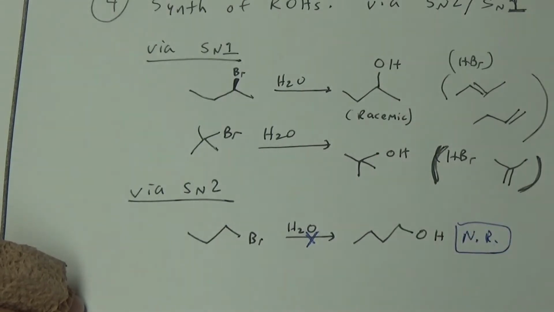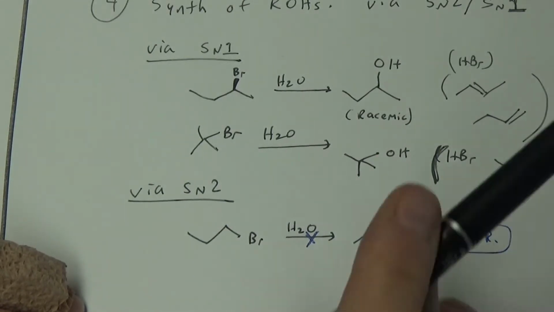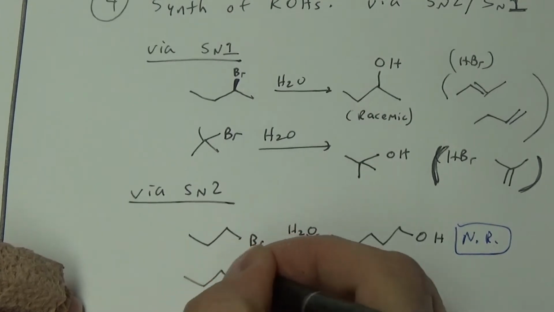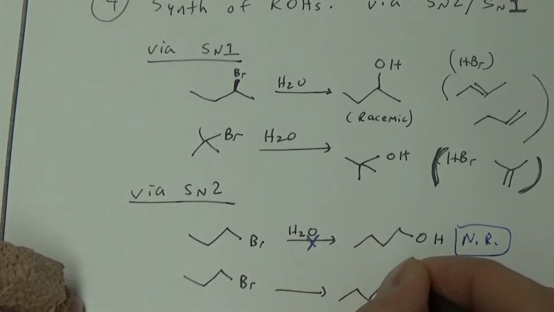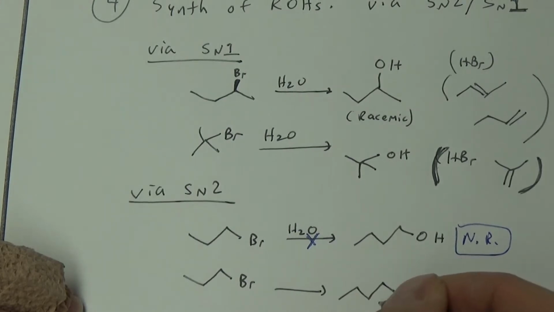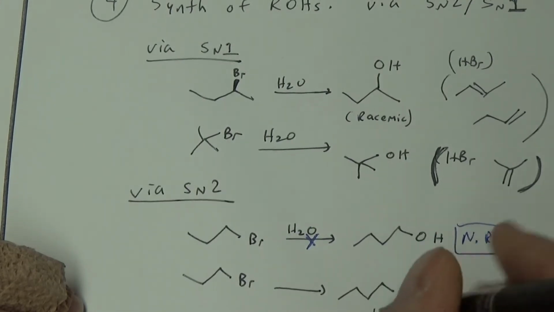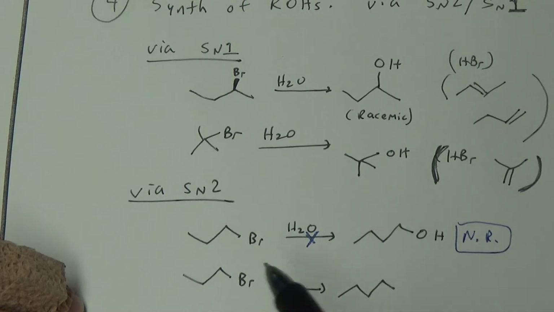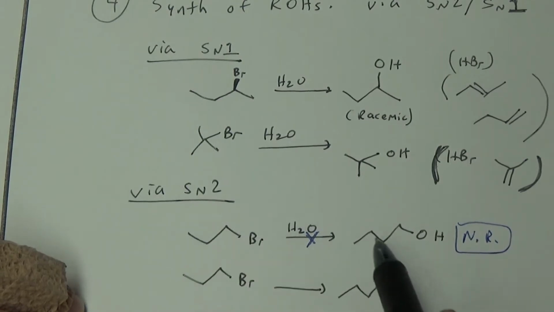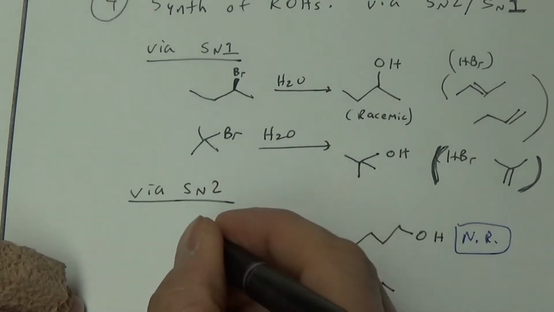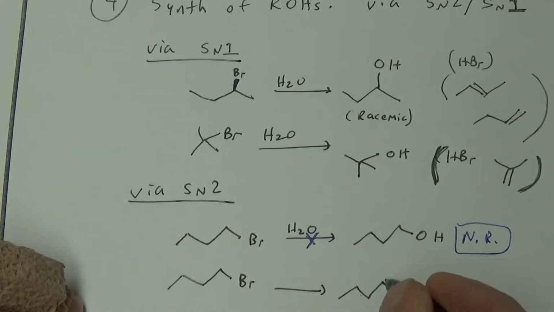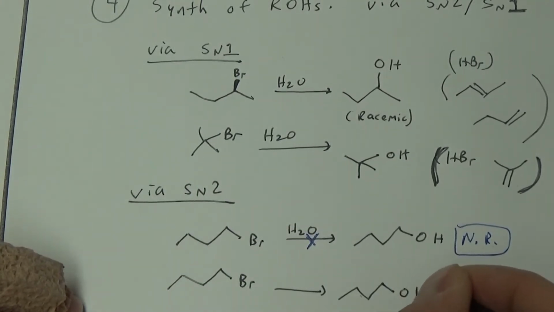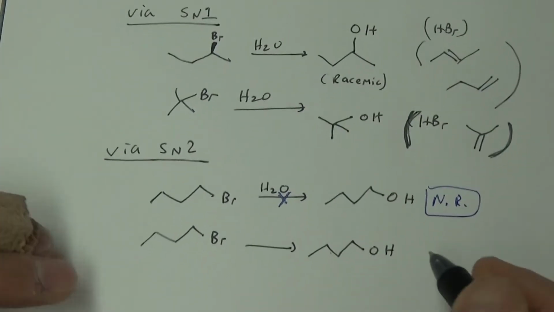But is there another way to do it, definitely an SN2 reaction? Whoops, I think I messed up the carbon count. Let's just add a carbon there, and a carbon here, okay, there we go.